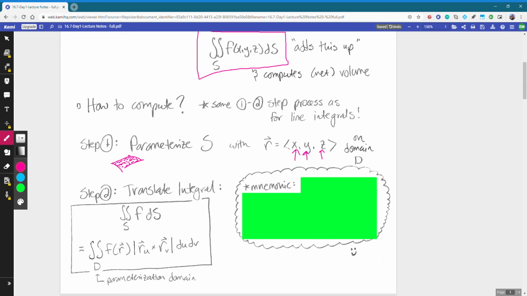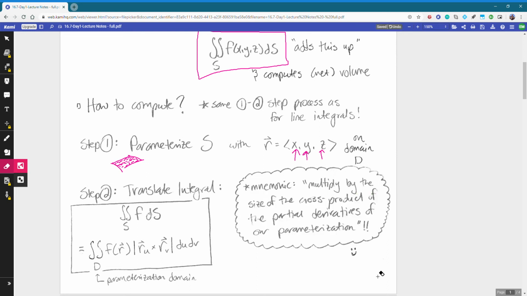And what I'm really excited to share with you is that, just like with line integrals, there's a catchy mnemonic for remembering what comes up in our translation formula. Are you ready? It's multiply by the size of the cross product of the partial derivatives of our parameterization.